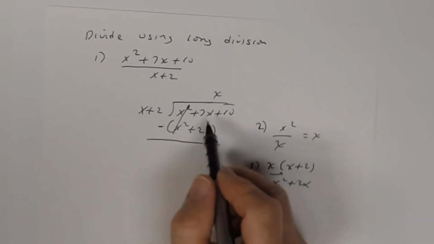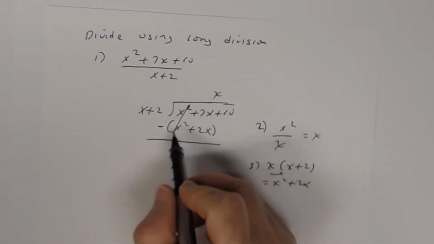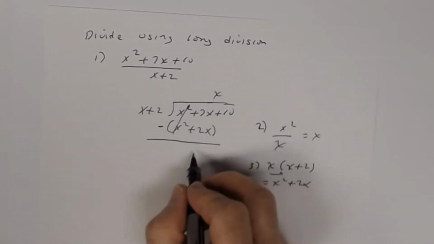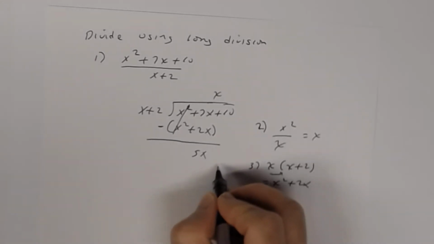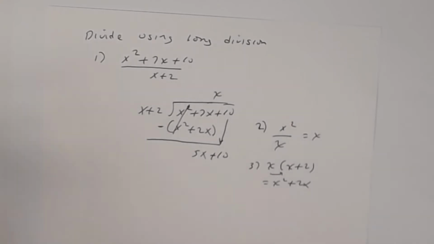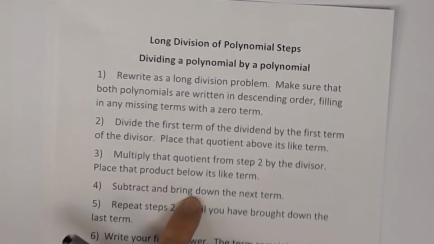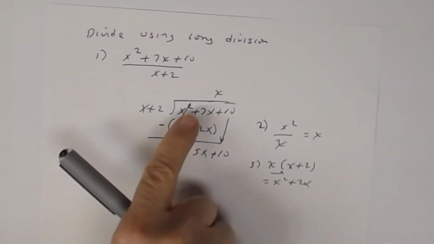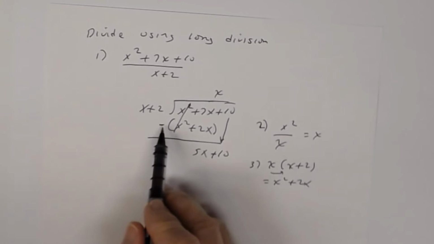So now what we get is this. 7x subtract 2x is 5x. And then you bring down your next term. Okay? So let's go back over this step again. So that's step 4. You subtract and bring down the next term. So this right here is your step 4.